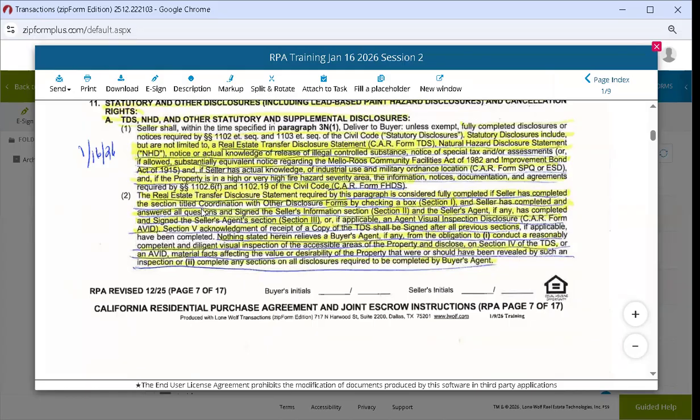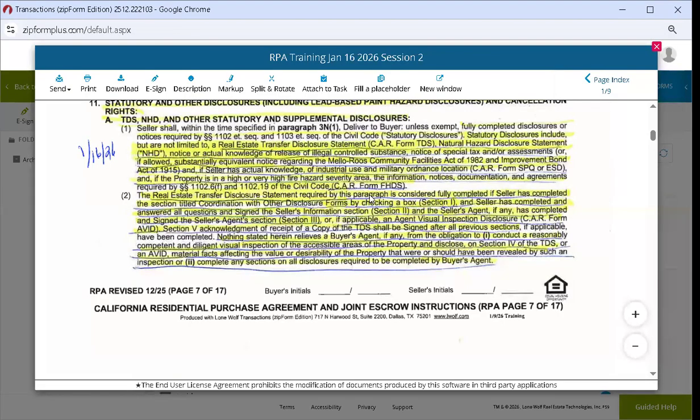So I wanted to go into the transfer disclosure statement a little bit more, who's exempt and those kind of things. So if you look at paragraph 2 here, when is the TDS considered completed? The reason we're always after you to check that box at the top, because by contract and by statute, it's not completed until you check a box in section 1.